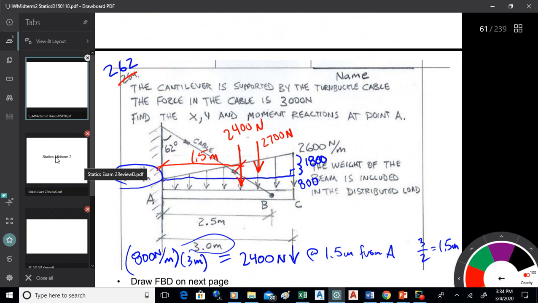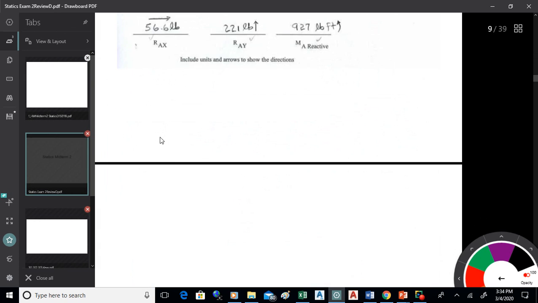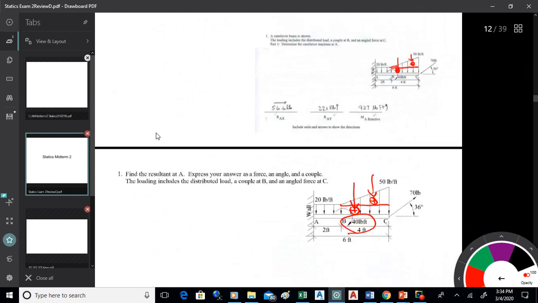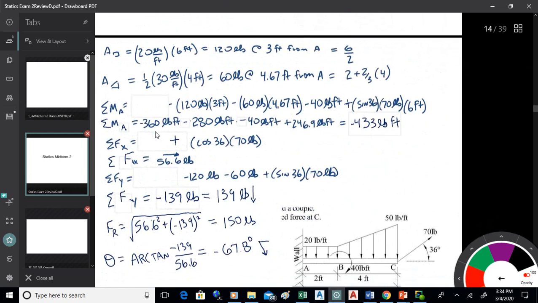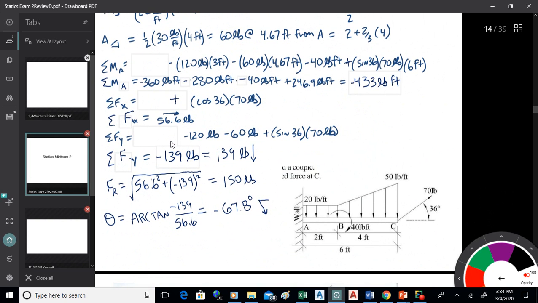All right. You want to look at these examples here? Okay. Now, the first one, you want to read these things, okay? If you read what it says, find the resultant about point A. So we did these a while back, and we've been doing an awful lot of equilibrium, but we also did resultants before we did all this.